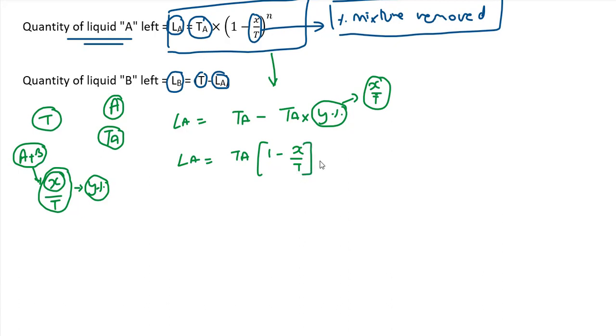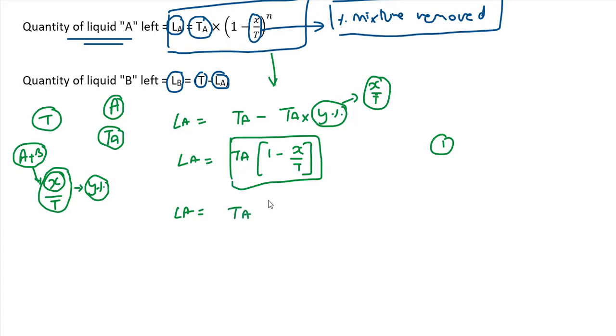Now this is when you have removed X units and replaced it by equal quantity of the second liquid. This is when you have performed the operation once. If you repeat this operation of removing X units of liquid from the container and replacing it with equal amount of second liquid, then the quantity of liquid A left in the container will be the initial quantity, which is this one now, minus the quantity which has been removed.